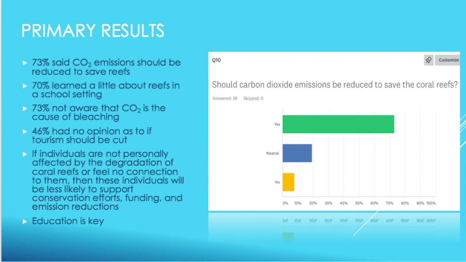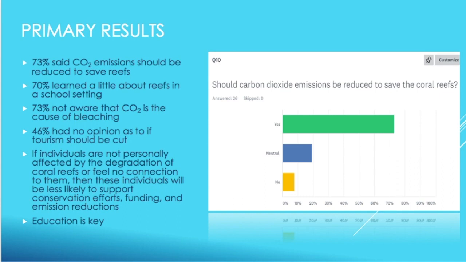I thought the number wouldn't be as high, actually. 70% said they learned a little about reefs in a school setting. 73% were not aware that CO2 is the cause of bleaching, which I thought was weird, since 73% also said that the emissions should be reduced. So that's a weird correlation.